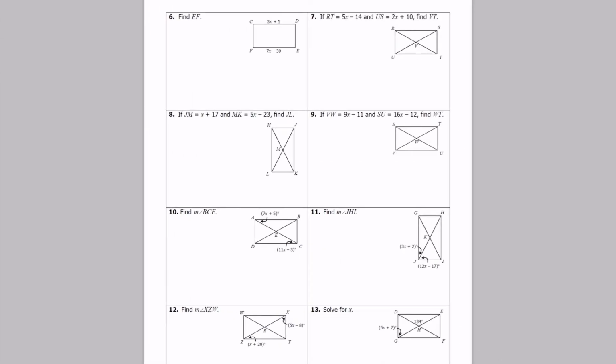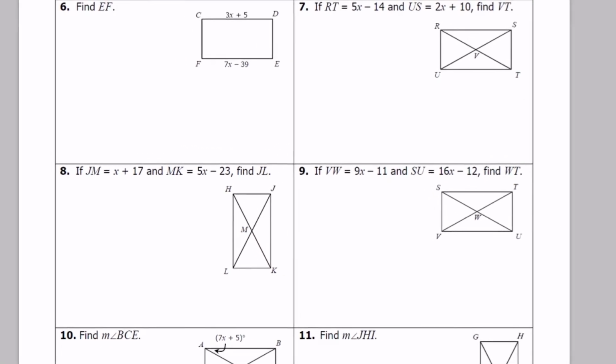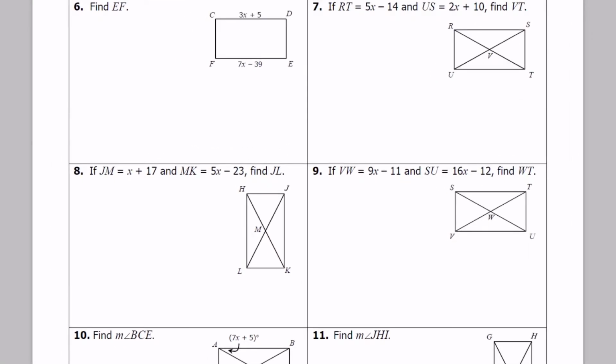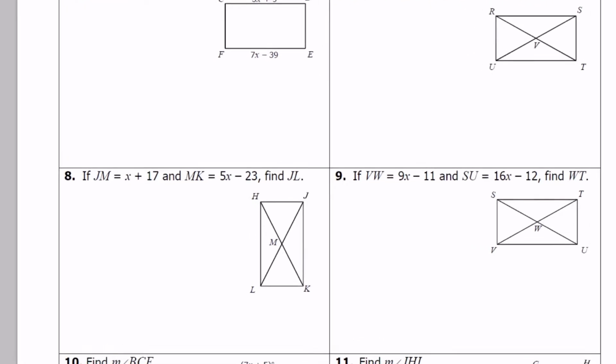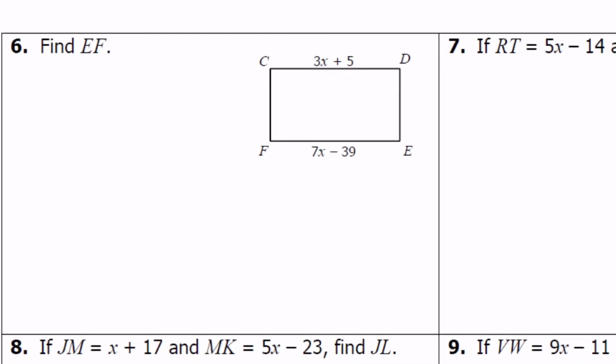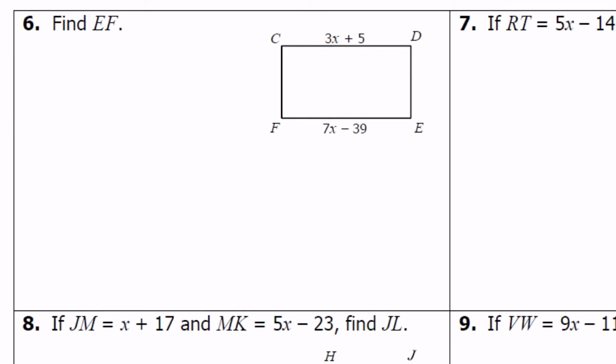Okay, and then if you flip it over, this is very similar to the back of the first parallelogram sheet. You're using those properties of parallelograms that you used on 1 through 5, but now we're throwing some algebra in it. So, for instance, if I look at number 6, I want to find the measure of EF. In order to do that, I have to first find x.